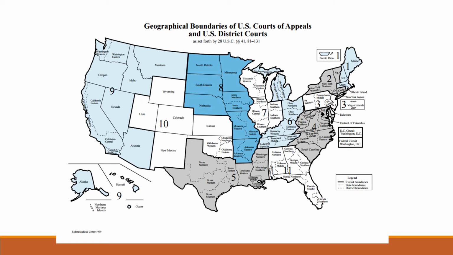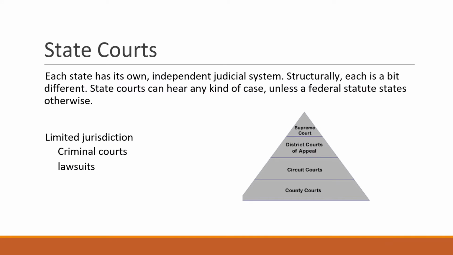You've got Washington, California, Hawaii, etc. Florida falls into the 11th Circuit, which is somewhat conservative, as well as the 5th Circuit. So again, you typically file within the circuit where whatever issue is being affected is within that area geographically.